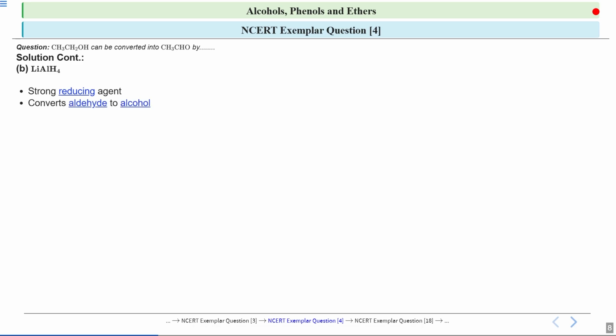It converts your aldehyde to alcohol. If you look over here, this is your aldehyde. When you use the reducing agent lithium aluminium hydride, LiAlH4, you will see that it reduces it into ethanol. So this also cannot be the right option.